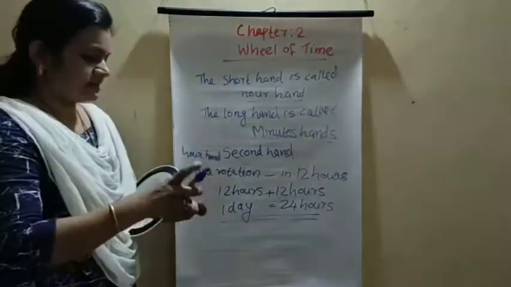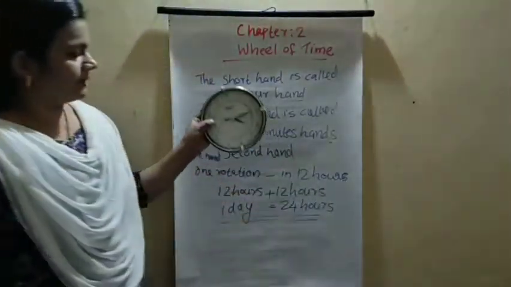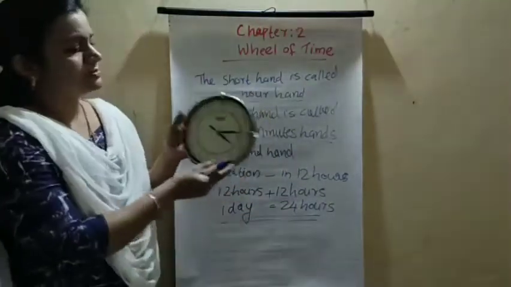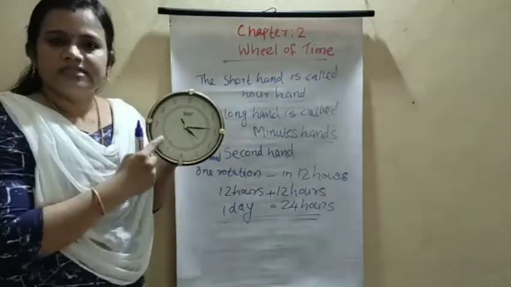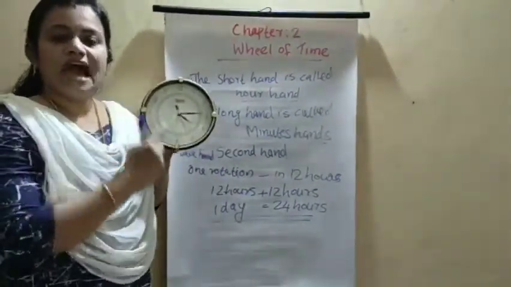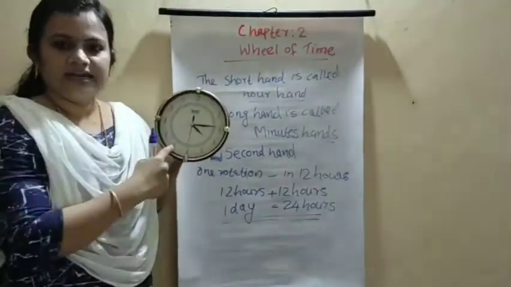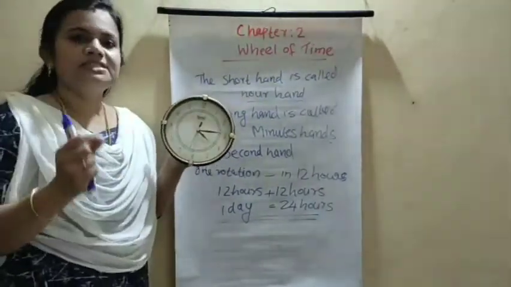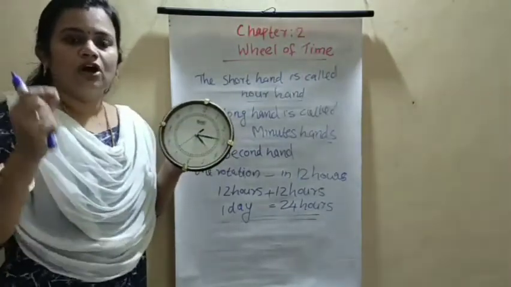Understood? Next we are talking about the smallest hand, the one with the smallest markings. This one, the smallest hand. The minute hand moves from one marking to another. Every minute is called what?